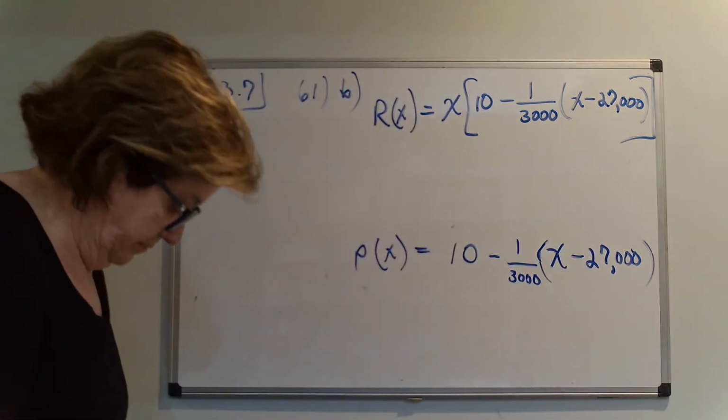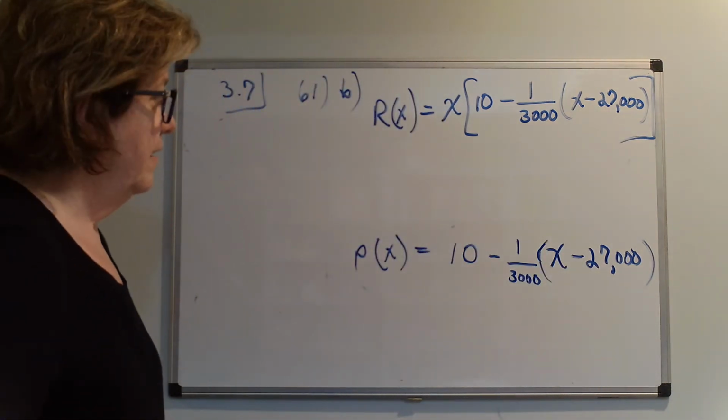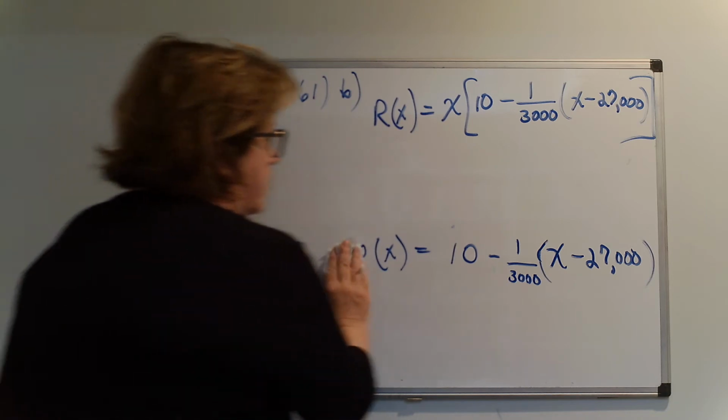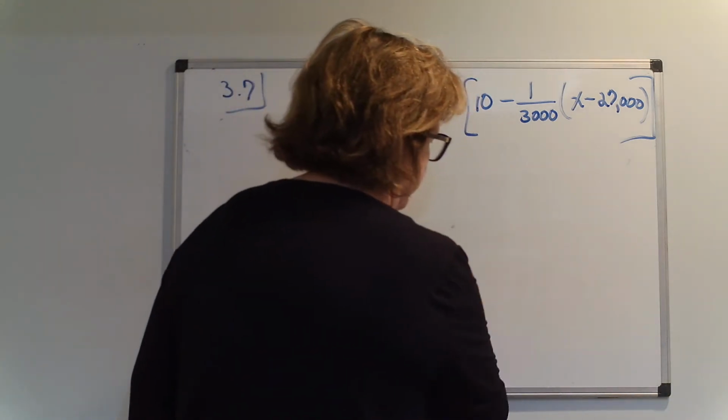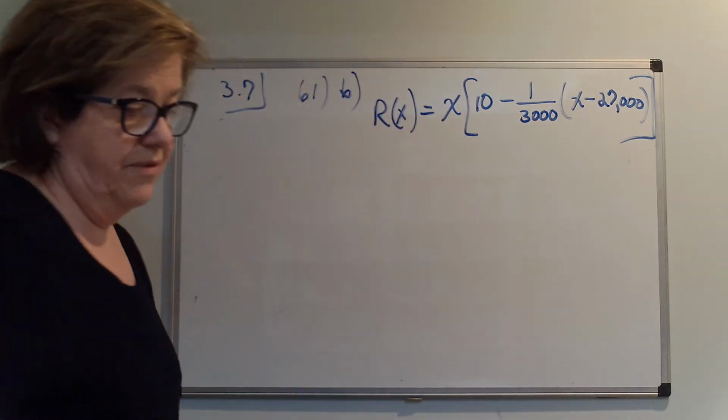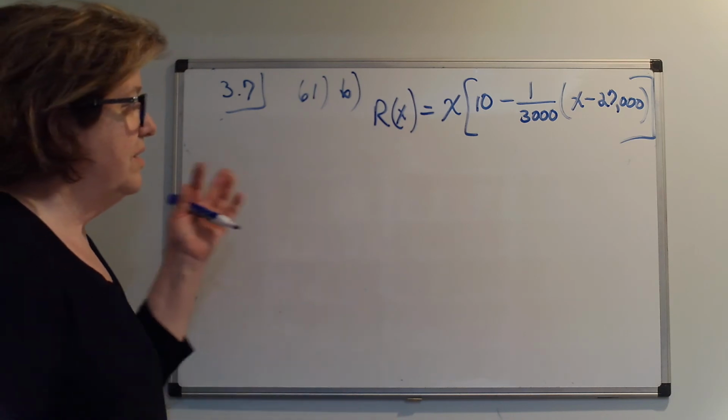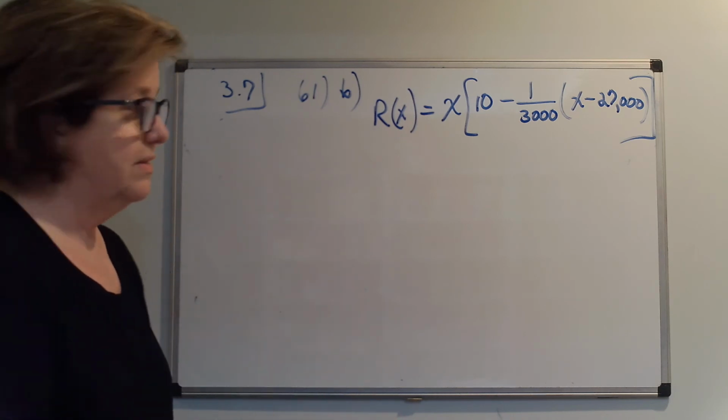Okay. So that's my revenue. I want to maximize that. Well, I find the derivative, set it to 0, and see what X maximizes it.